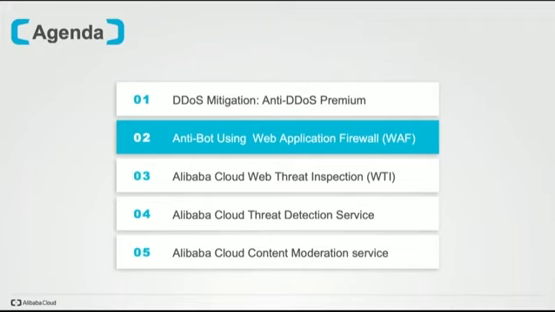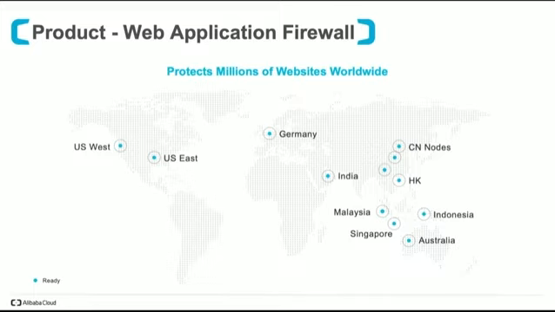Next, it's also a very important service for us. Inside the web application firewall service, we also provide very good anti-bot technology for the users. So this is the footprint of our WAF around the world.